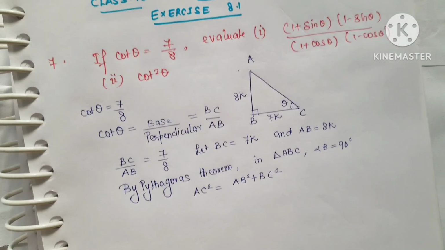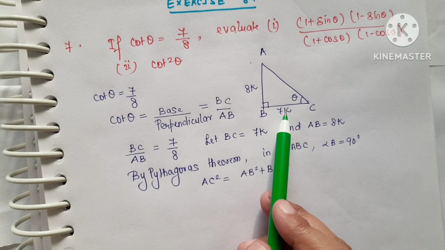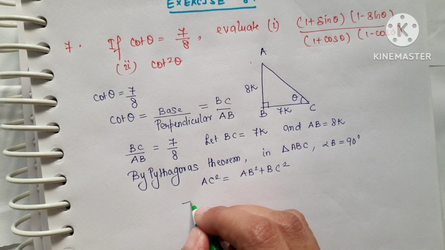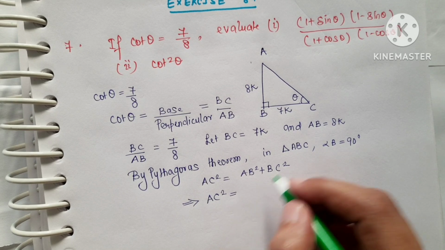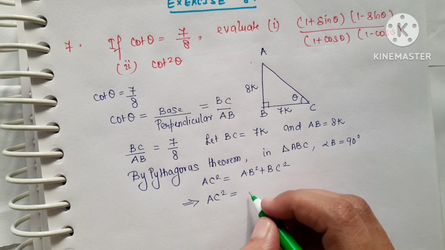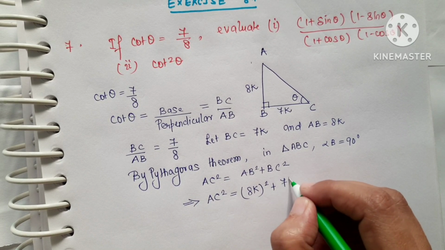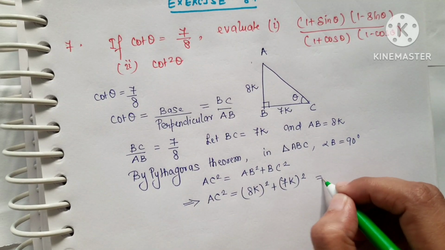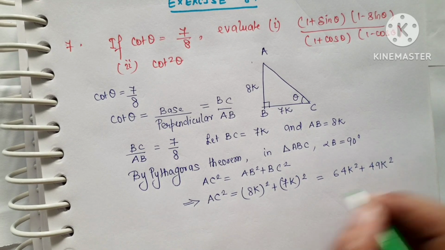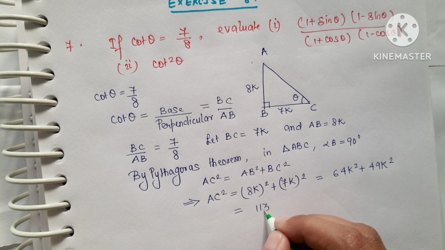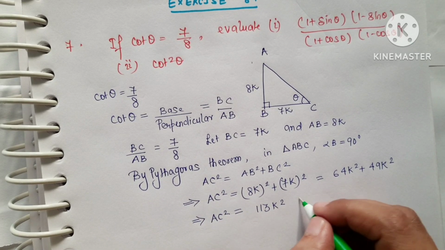The square of the hypotenuse is equal to the sum of the squares of the other two sides, right? For AC we have AB, which is 8K whole square, plus BC, which is 7K whole square. So it will be 64K square plus 49K square, which is 113K square. So AC square becomes 113K square.